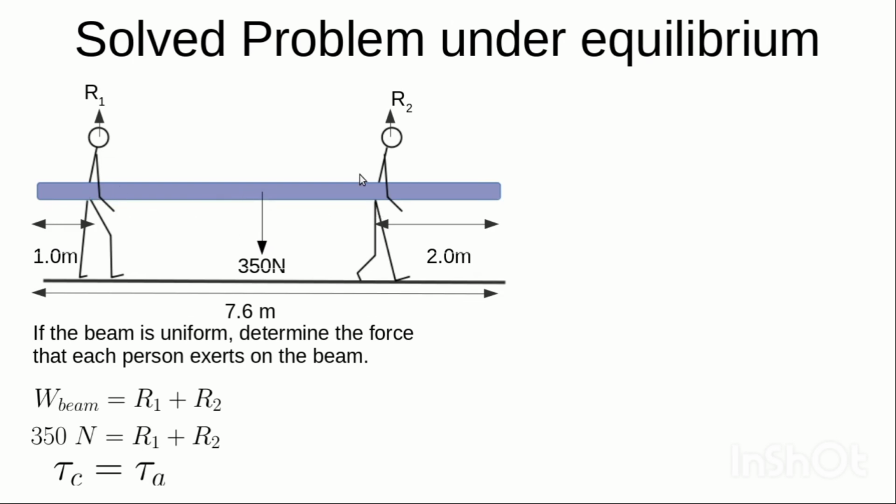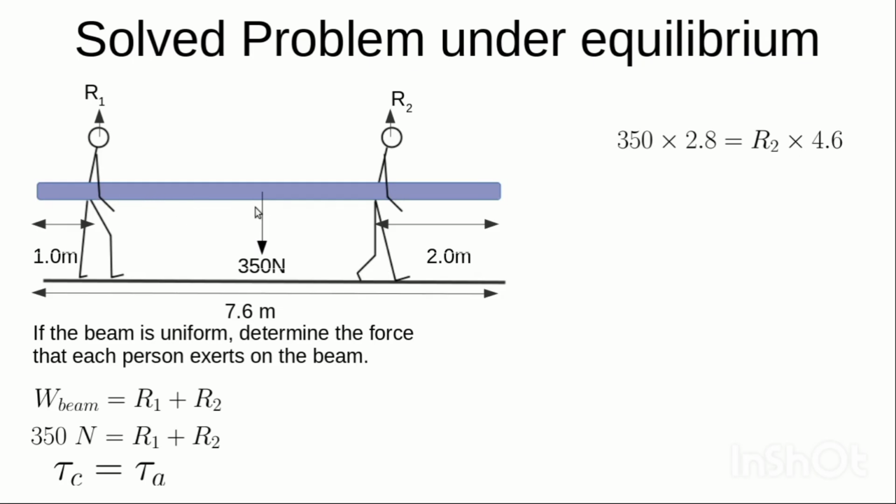Likewise, the person at this point can pull the beam upward, so the anti-clockwise torque will be the reaction times the perpendicular distance to this point. That is given as 350, which is the clockwise, 350 times the distance from here to here.